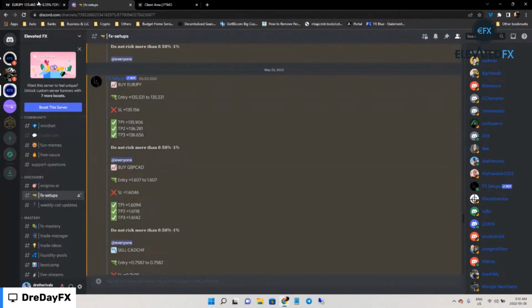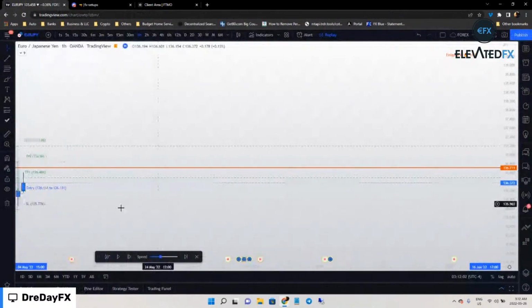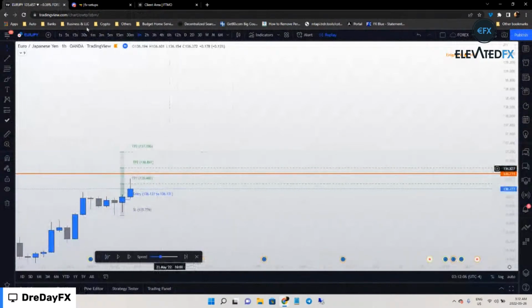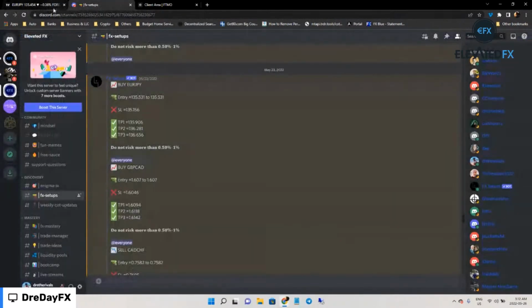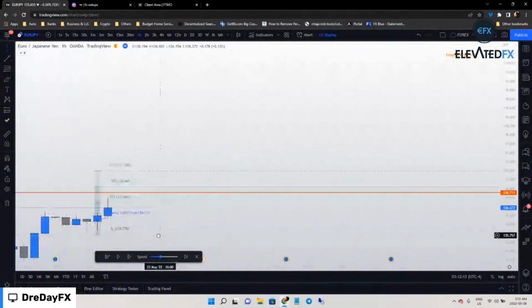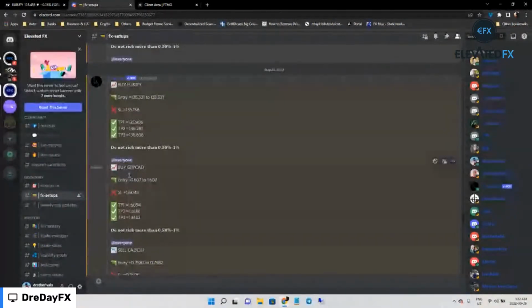I'm just going to zoom in so everyone can see. This is the exact price that you see on this FX setup that is sent out, that is applied here on the TradingView account, on a TradingView indicator.